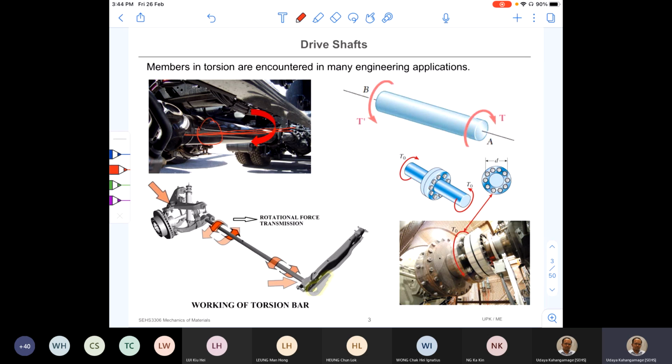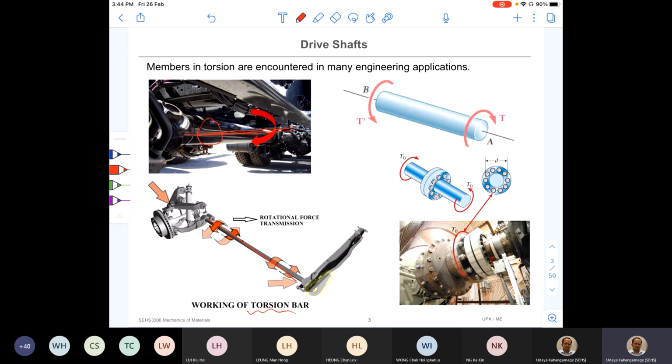So there, the vertical column is connected with this kind of circular shaft, and it is called a torsion bar. So what it does, again by twisting, the power is transmitted to the wheel so that we can turn it. So we can see that in a vehicle, there are so many members subjected to torsion.